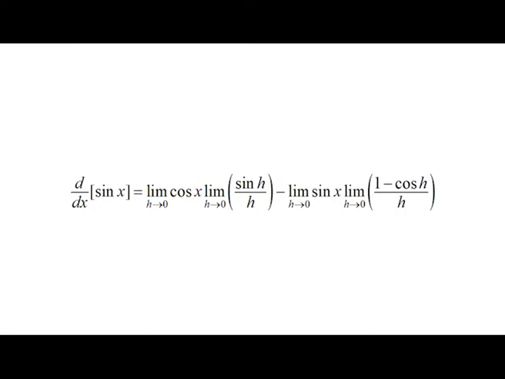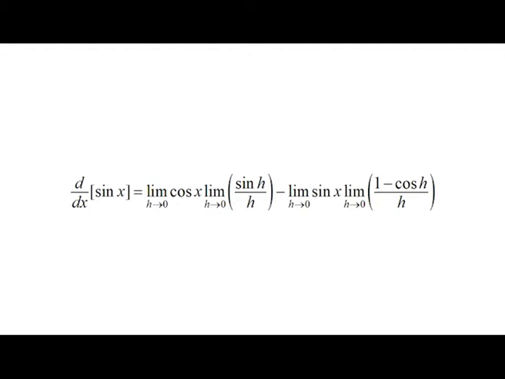Now, applying the difference rule and product rule of limit of functions, we obtain d by dx of sin x equal to limit h tends to 0 of cos x into limit h tends to 0 of sin h by h minus limit h tends to 0 of sin x into limit h tends to 0 of 1 minus cos h by h.